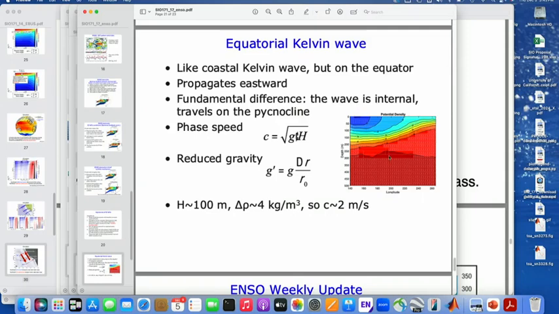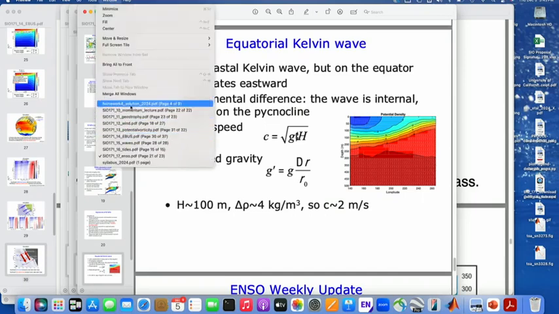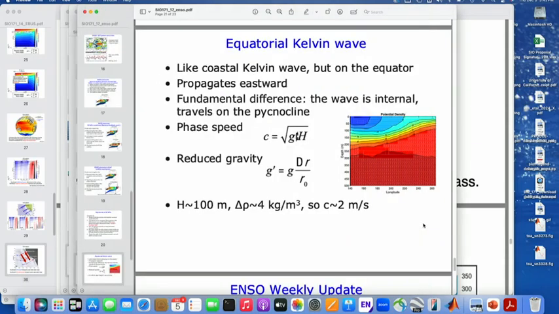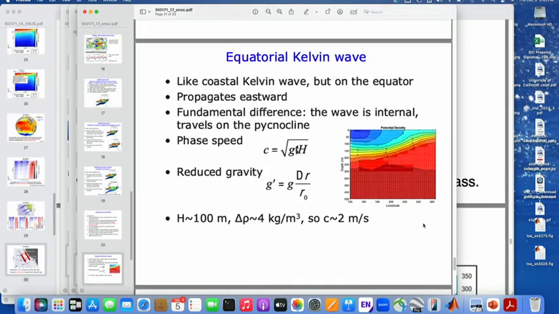All right, so let's go to, hang on a second. What's the rest of that problem? It's: what value of the quantity delta rho over rho naught each would yield a phase speed equal to the observed propagation speed. Oh, okay, yeah. Oh shoot, it got mangled in here, didn't it? Totally mangled. Is it mangled online too? Is it mangled for you? That's awful.